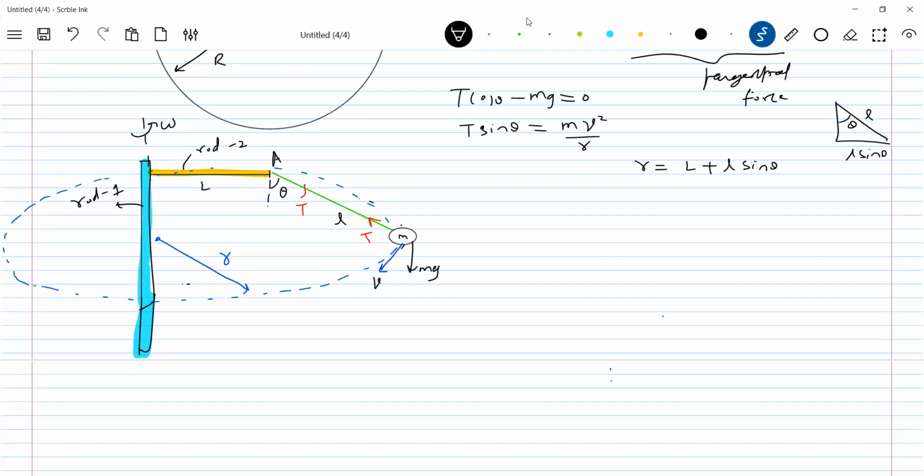Then we wanted the time period, no? So you can write this as T sin theta equal to m omega square r. Various types of systems you are going to come across. From here, T cos theta equals mg. So what is the tension? You can write it as mg by cos theta.